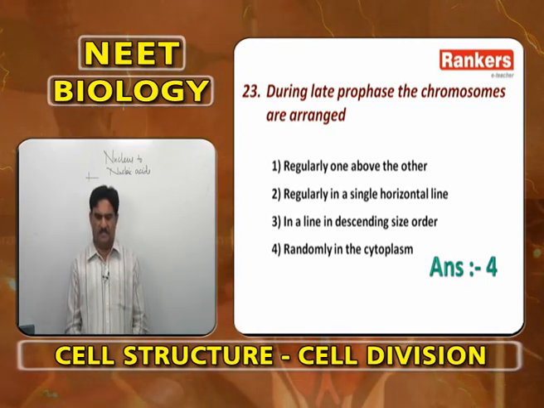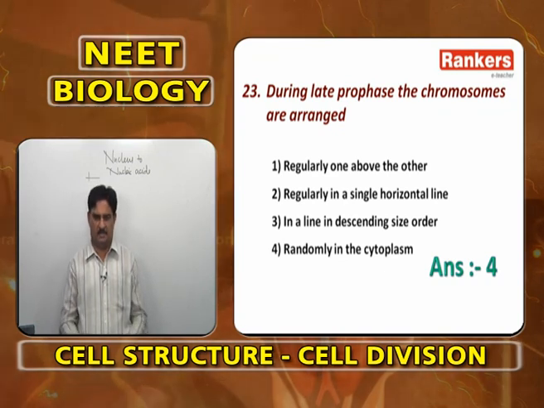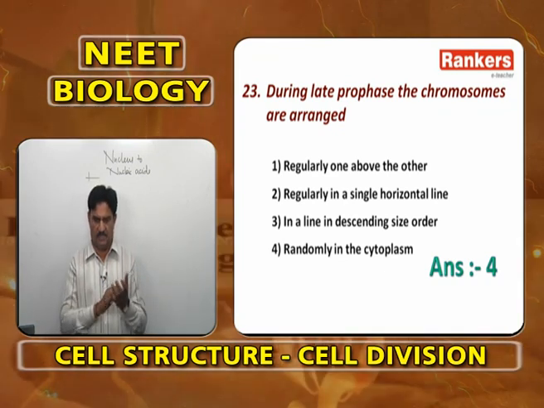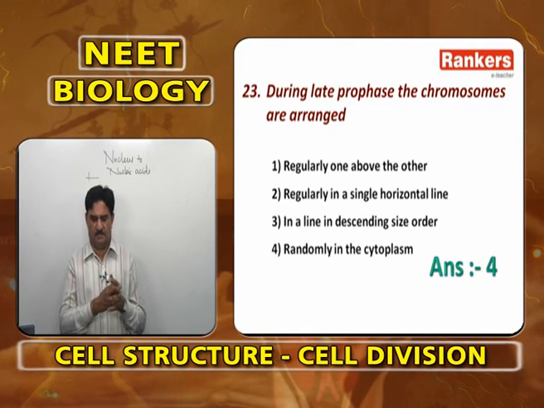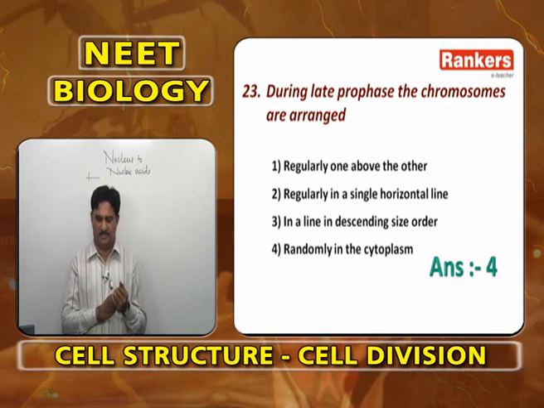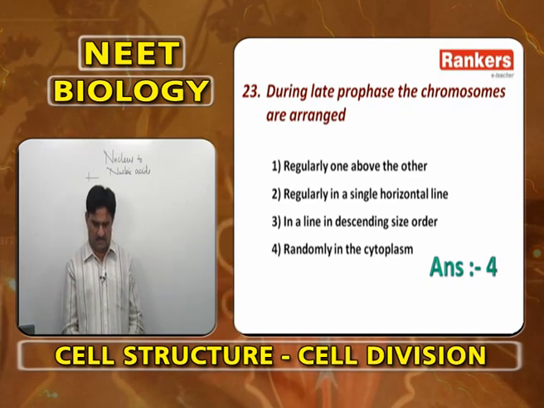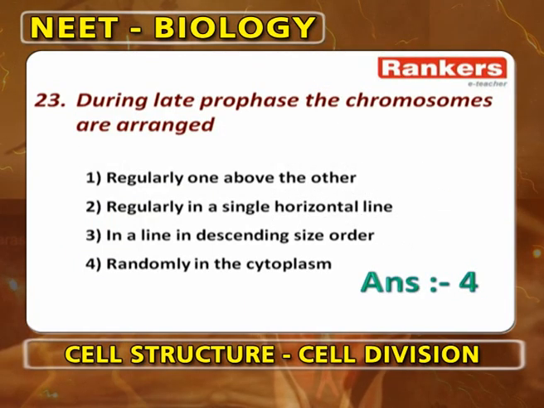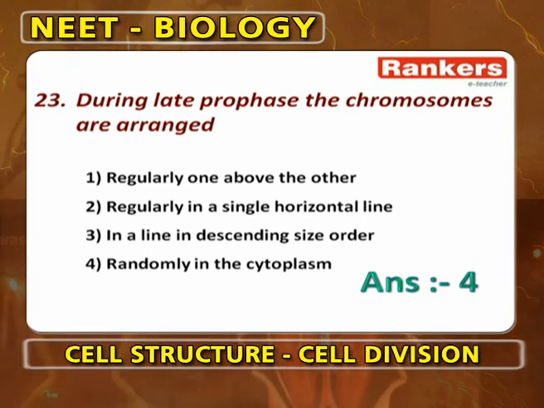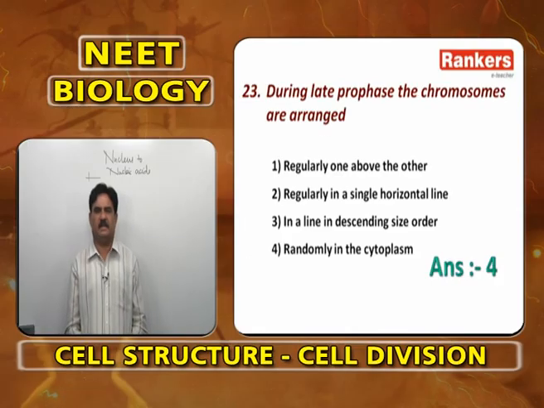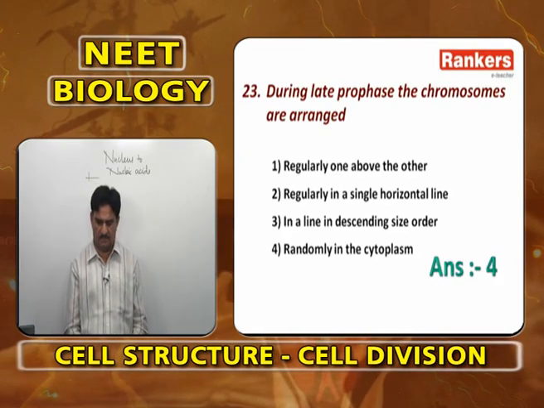During late prophase, the chromosomes come to the corners, the nucleolus and nuclear membrane disappear, and chromosomes are randomly distributed in the cytoplasm. So regularly one above the other is wrong. Regularly on a single horizontal line is wrong. In a line in descending size order is wrong. Randomly distributed in cytoplasm is correct. So the answer for this is 4.